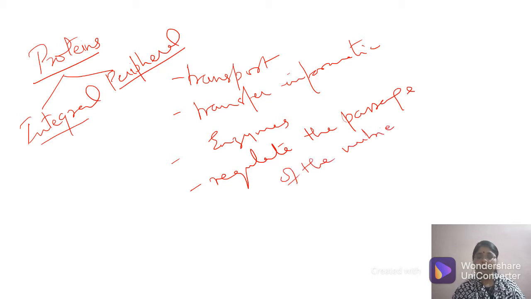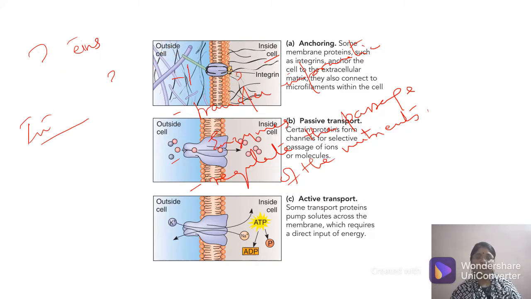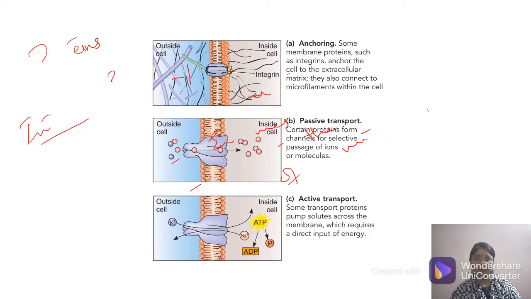So let's look at the different roles which are being played by them. Here in the diagram, as you can see, they have various roles. Now these proteins are acting as anchoring molecules.